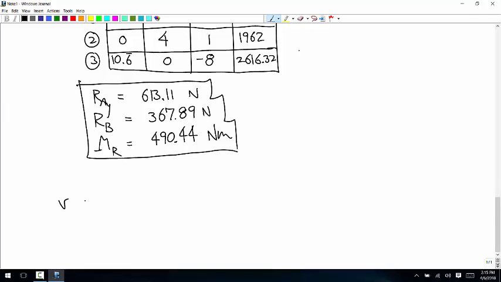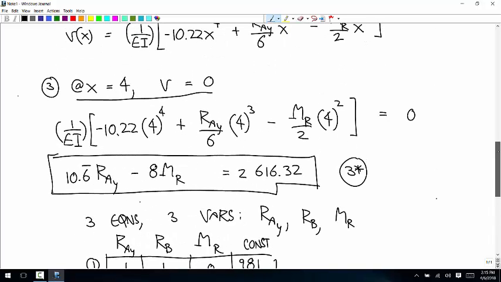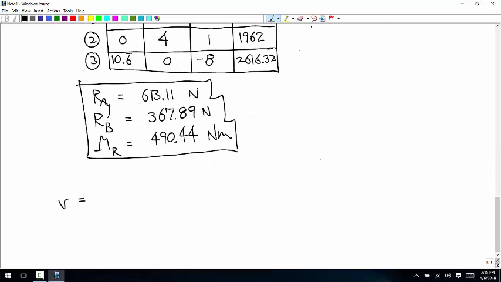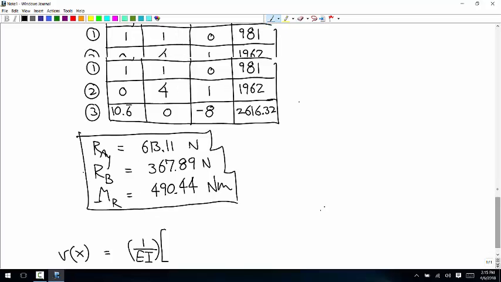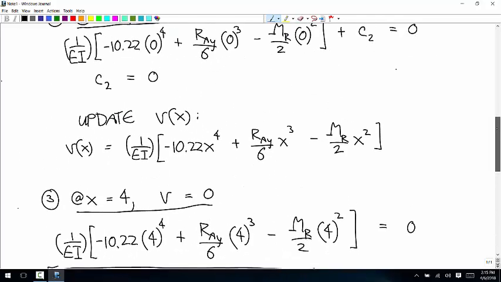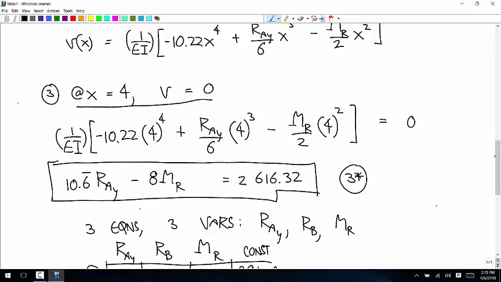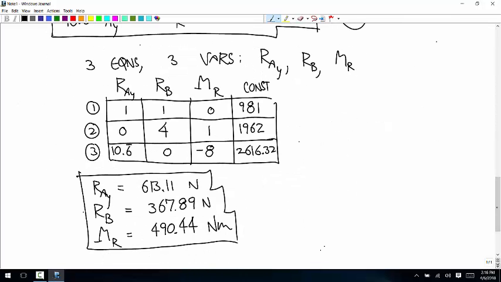So the deflection, which is a function of x, is equal to 1 over EI, we'll plug that in a second, and then negative 10.22 times x to the 4th.